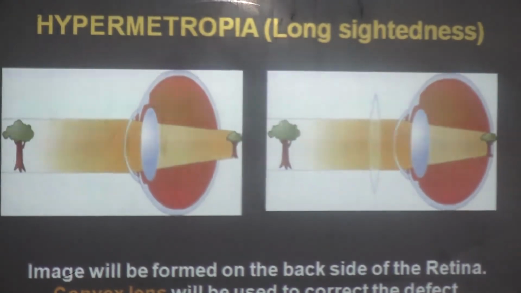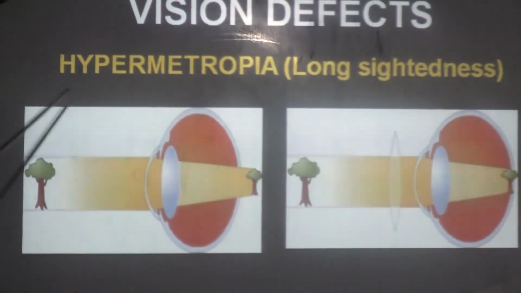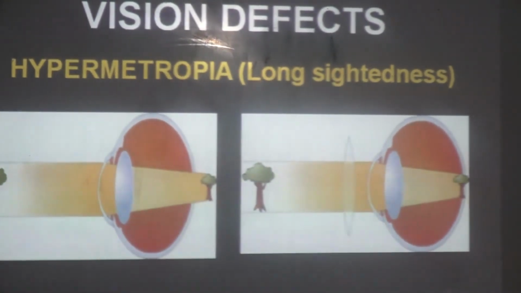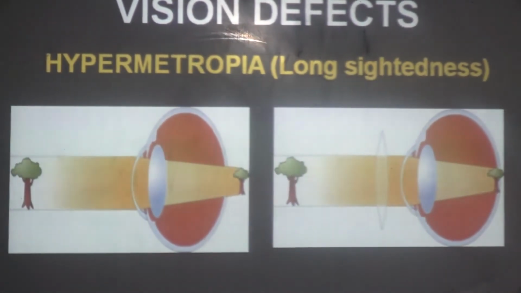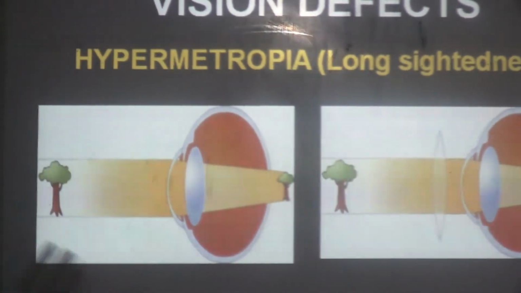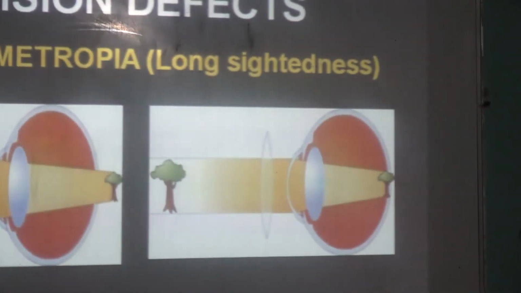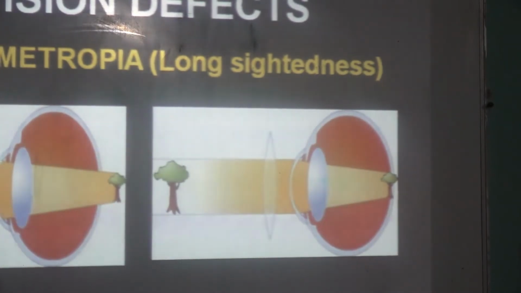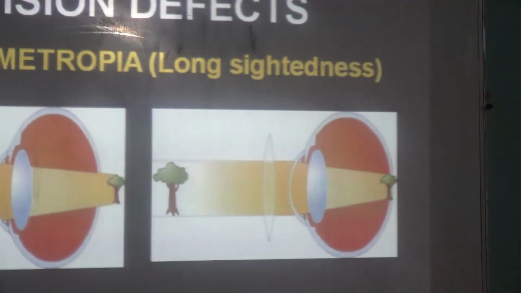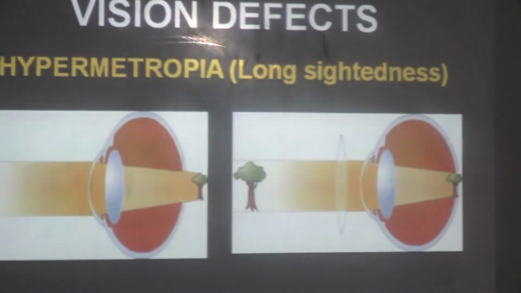Next, another important vision defect is hypermetropia or long-sightedness. The person suffering with long-sightedness can see the far objects, but he cannot see the nearer objects. What is the reason for this?